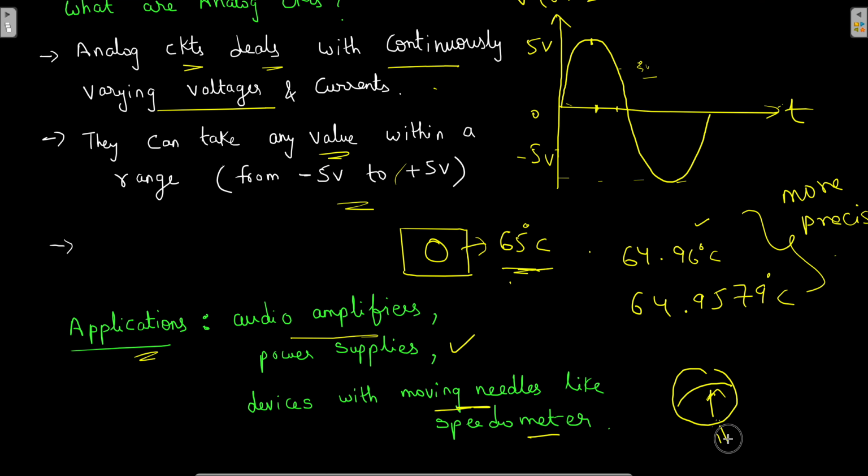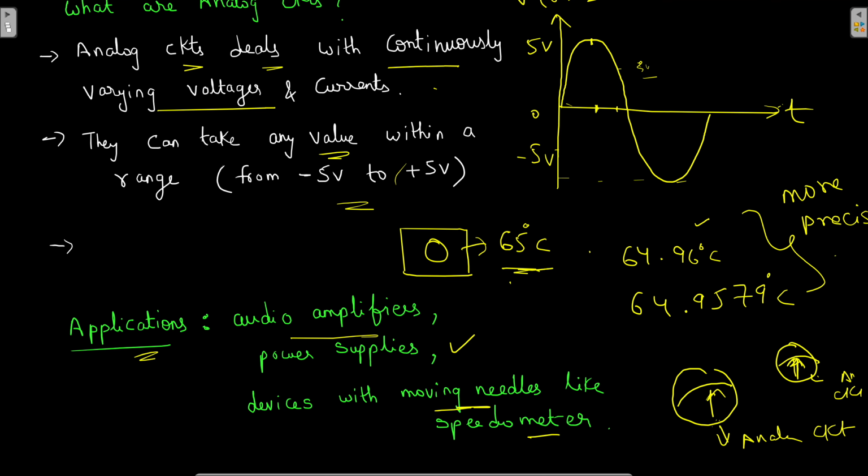Inside it is an analog circuit only. When we are driving a vehicle like a bike, there is a speedometer. It represents the speed by moving its needle. Inside this meter also we have an analog circuit. For these applications we are using analog circuits.